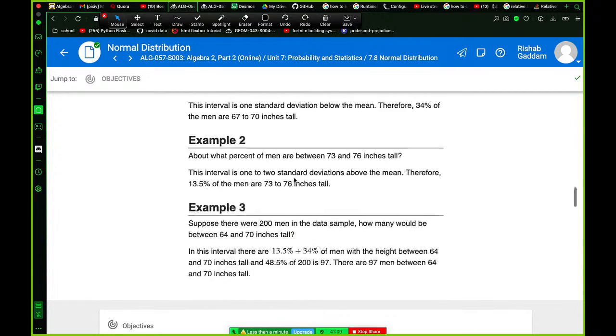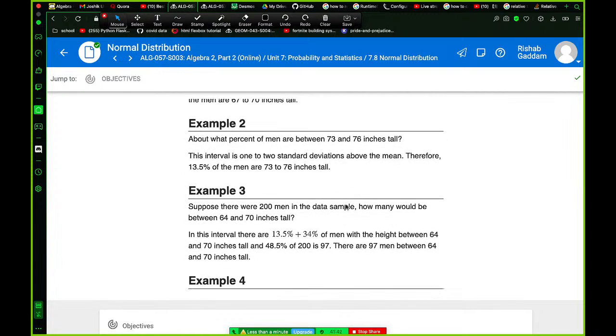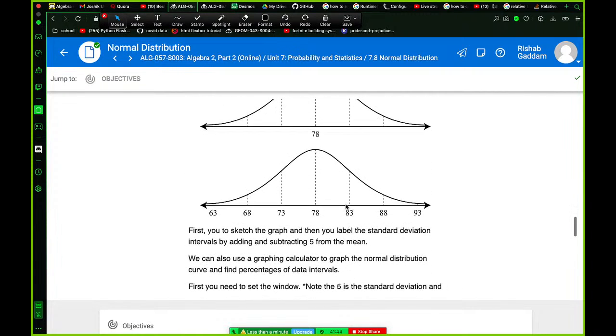So something I had trouble with while doing this was finding the standard deviation. So what is the standard deviation first of all?